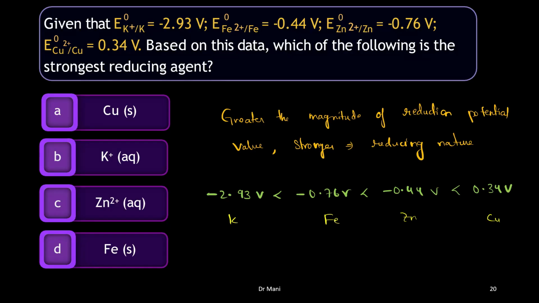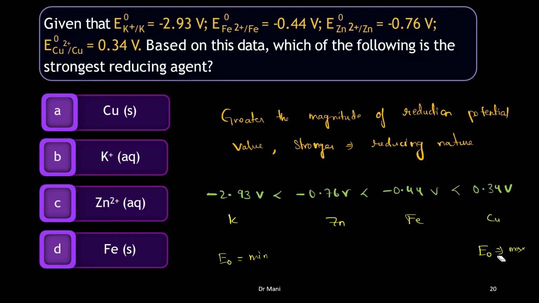This is Zn. This is Fe. So I told you, the more positive the value, the more E naught is maximum here. Here E naught is minimum because it's the least value, minus 2.93. The greater the positive value, the greater the reduction potential is.